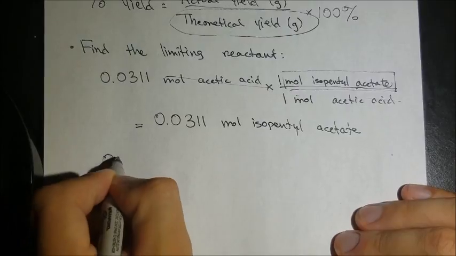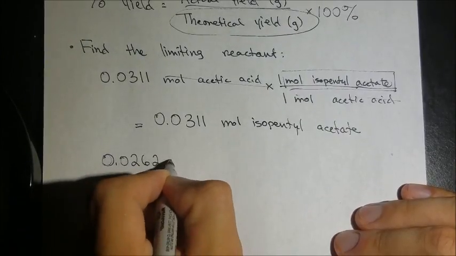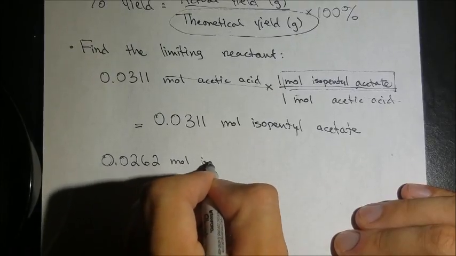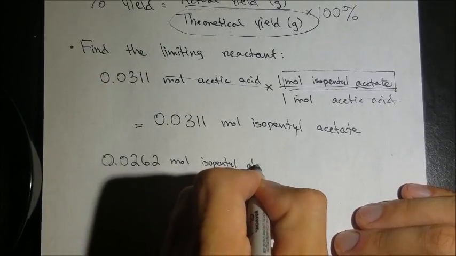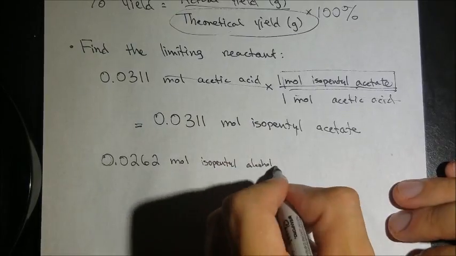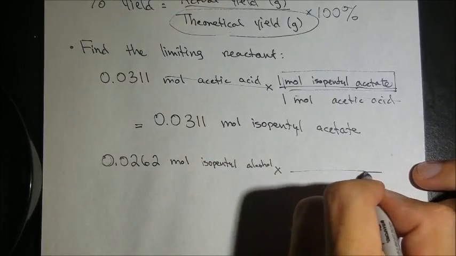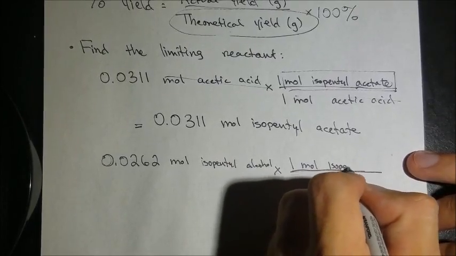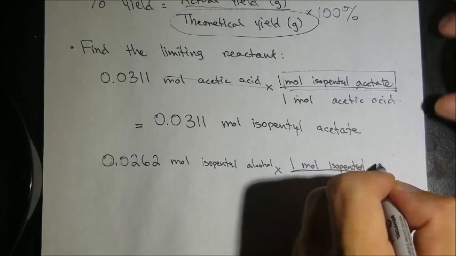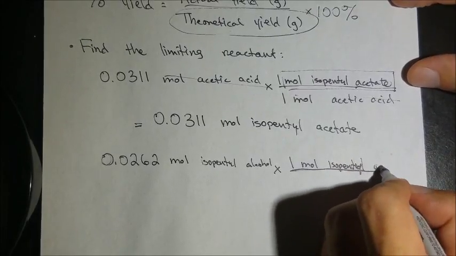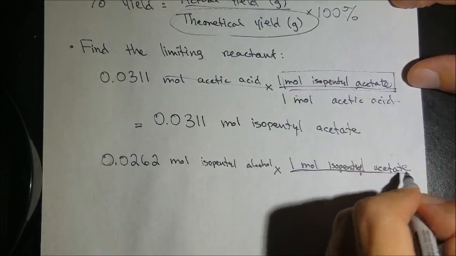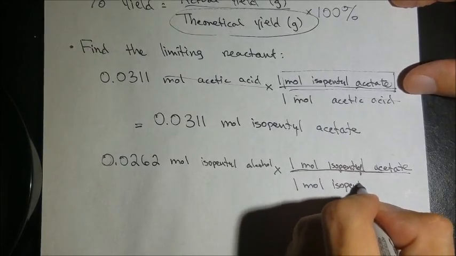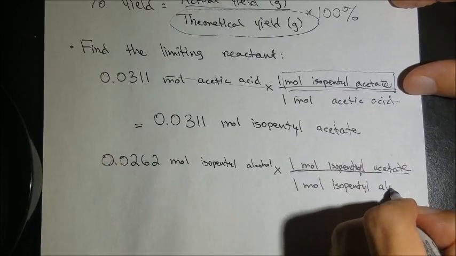So we start with 0.0262 moles of isopentyl alcohol, and we have 1 mole of isopentyl acetate for every 1 mole of isopentyl alcohol.